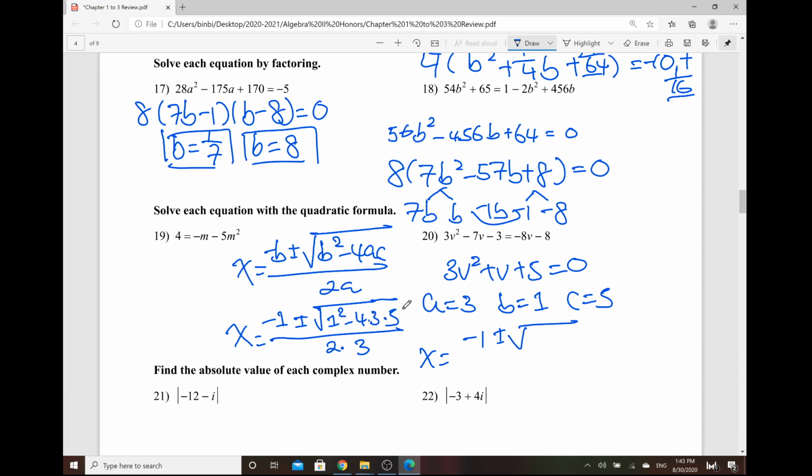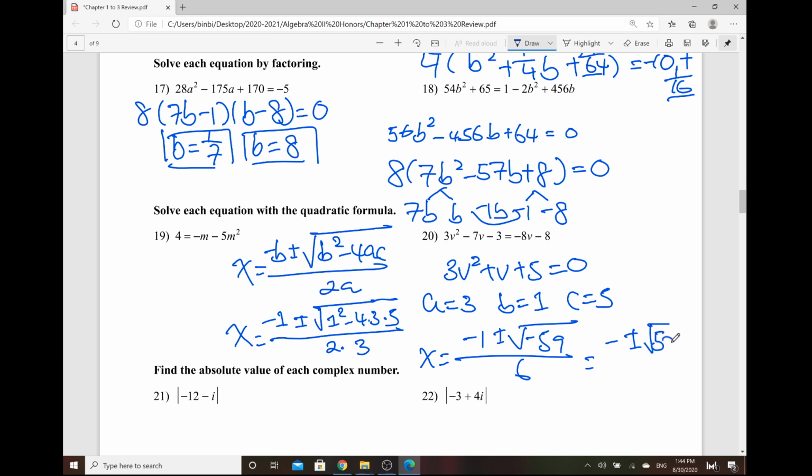Wait, no. It's actually 4 times 3 is 12, 12 times 5, which is 60. So 1 minus 60 is negative 59, and then it's all over 6. So that equals negative 1 plus or minus the square root of 59. That's a prime number. Nothing we can do about it.